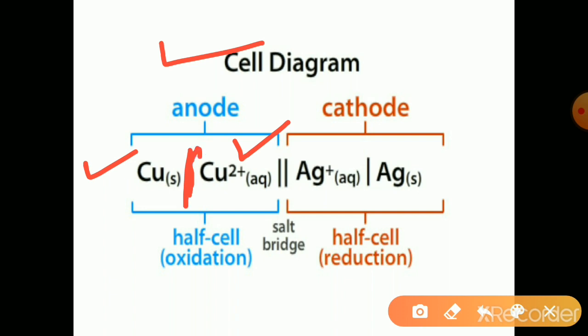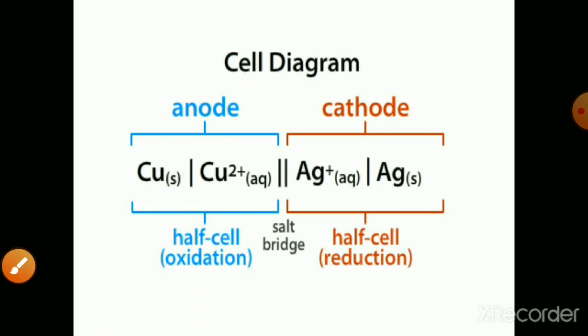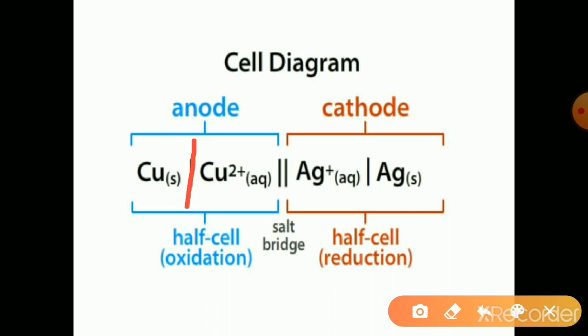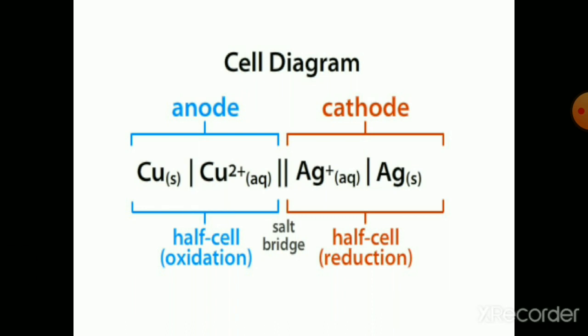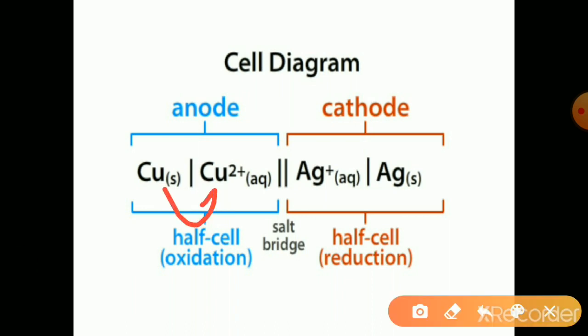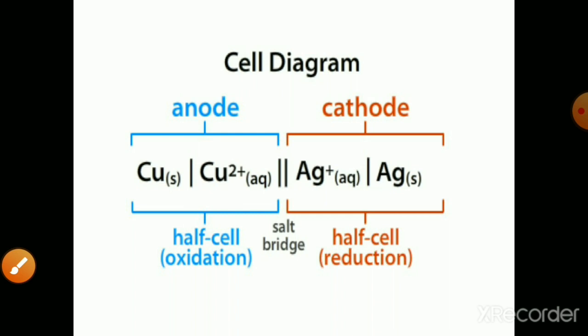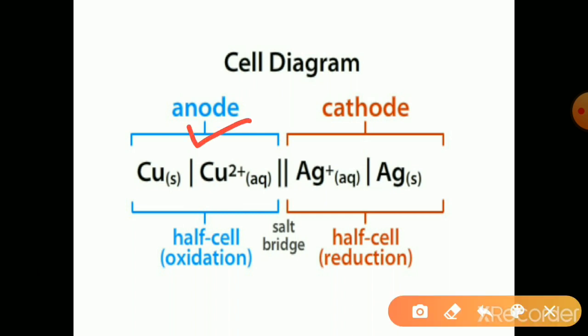A vertical line indicates they are in physical contact with each other. They are directly in contact. This is the meaning of the vertical line. As we know that copper is dipped in the copper sulfate solution, so the copper strip is in contact with the copper sulfate solution, that is indicated by a vertical line.